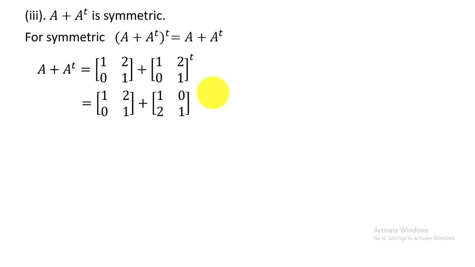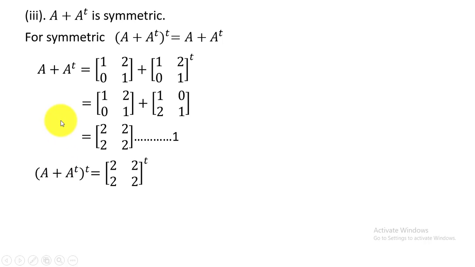The transpose of matrix A is equal to the matrix having elements 1, 0, 2 and 1. Now find the sum of these two matrices. Add the corresponding elements of these two matrices. So 1 plus 1 is equal to 2, 2 plus 0 is equal to 2, 0 plus 2 is equal to 2, and 1 plus 1 is equal to 2. This is equation number 1.